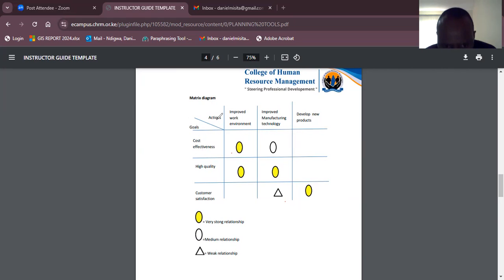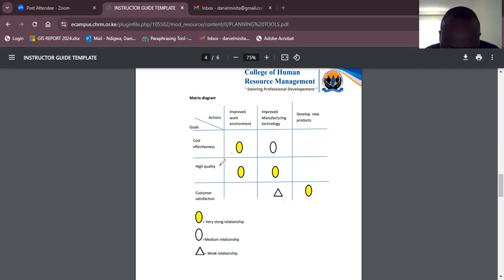For example, what are some of the actions you need to take? We have improved work environment. And according to them, there is a very strong relationship between the improved work environment and cost effectiveness. Therefore, when you improve the environment where people are working, you'll be able to reduce your cost because people will have morale to work, and this will lead to maximization.